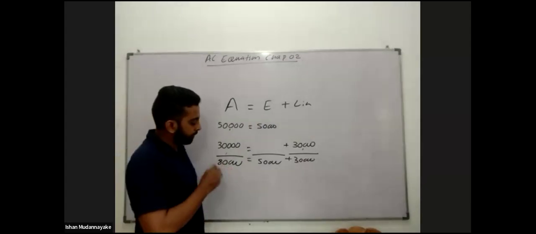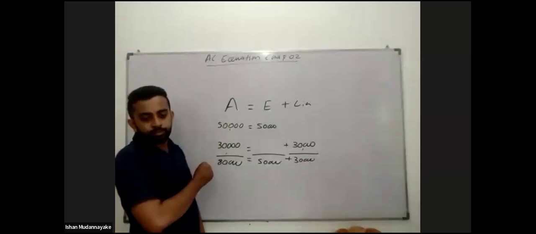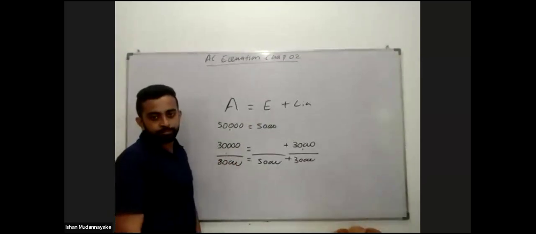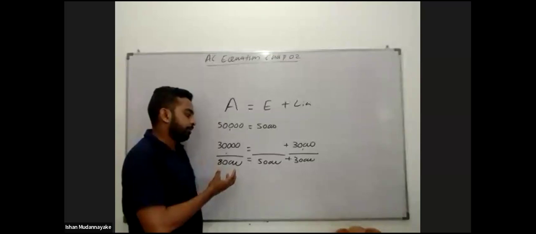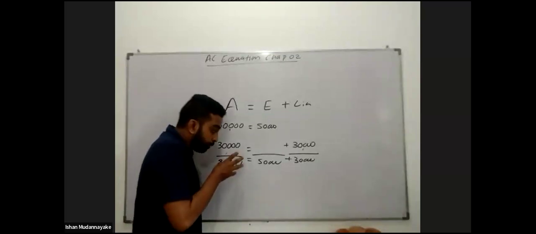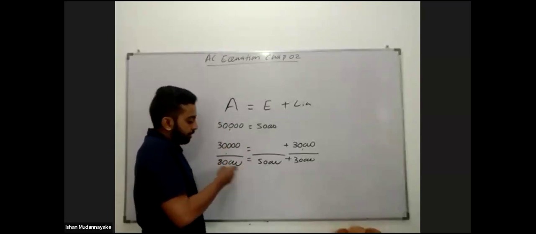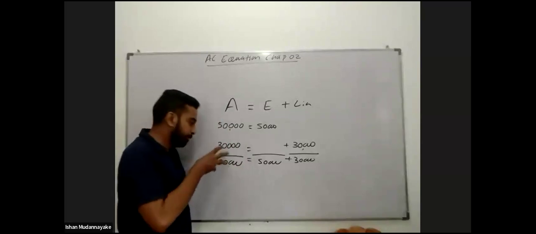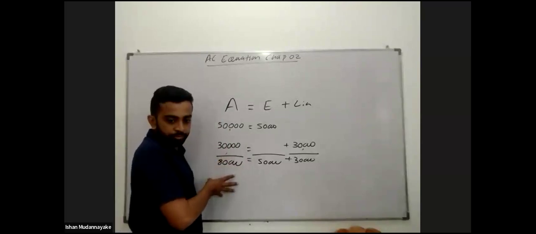Then students, through the accounting equation we can identify the assets of the business organization and the persons who contributed to construct these assets. Here in this business organization, total assets are 80,000.